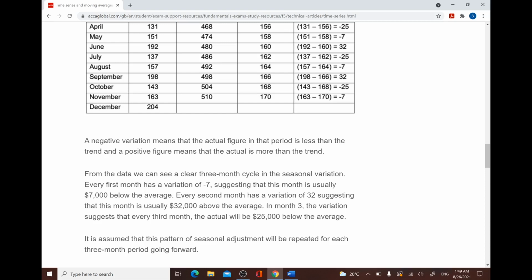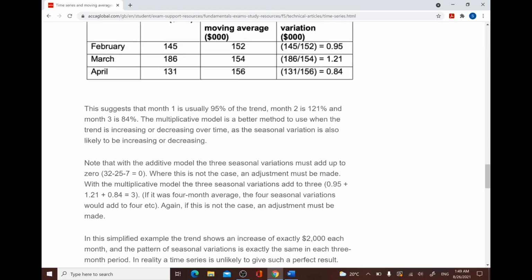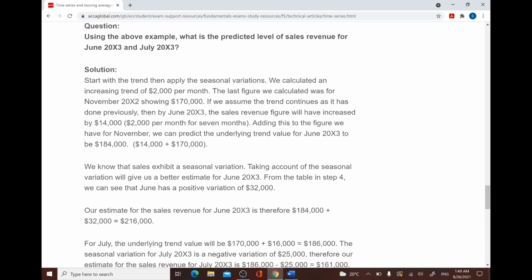It's going to be a 2,000 increase each month. So if you extend another 7 months from November, that will be June 20x3, you have to top up 14,000, because it's 2,000 per month.